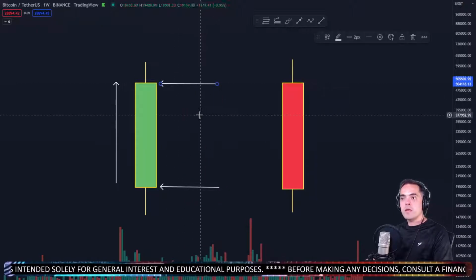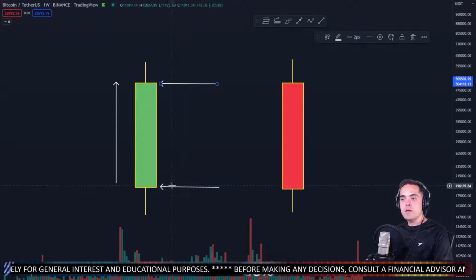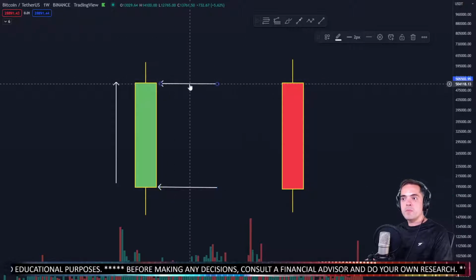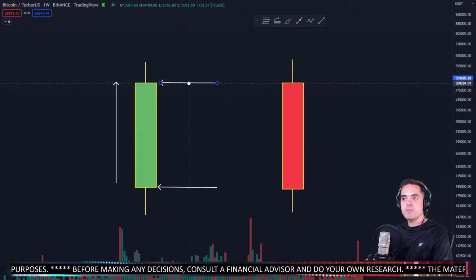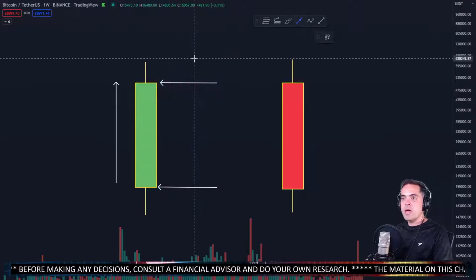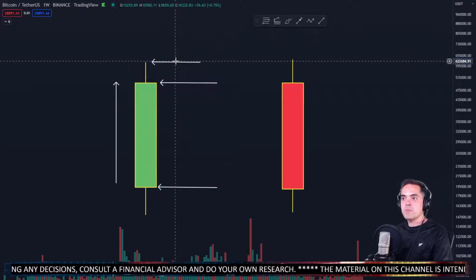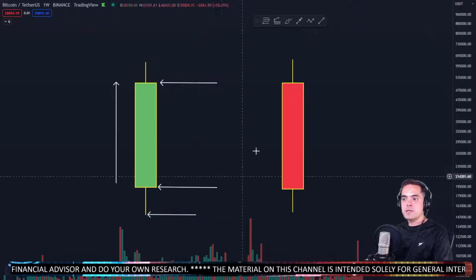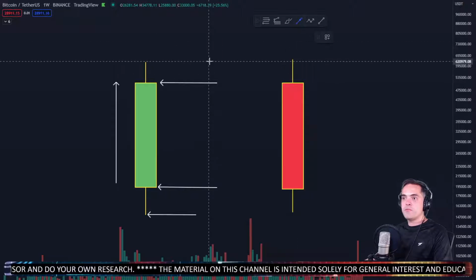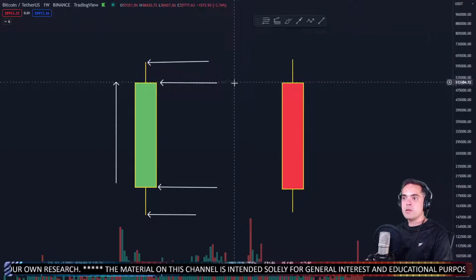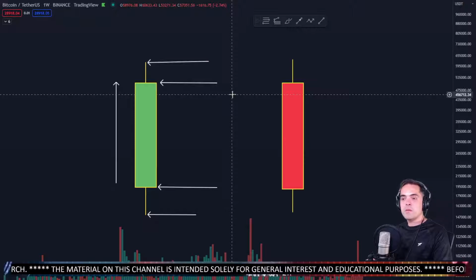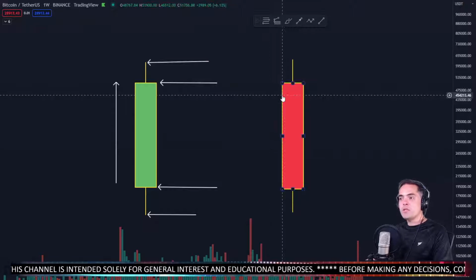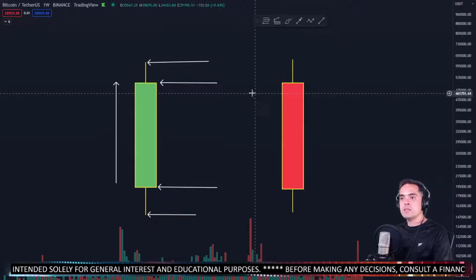Just to recap, we have the opening level, the closing level, the minimum price for that asset in that period of time, and the maximum price for that period of time.